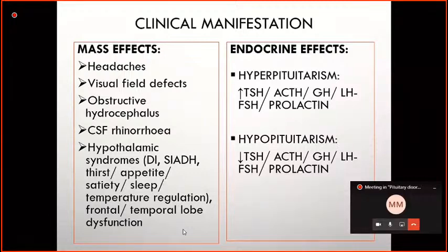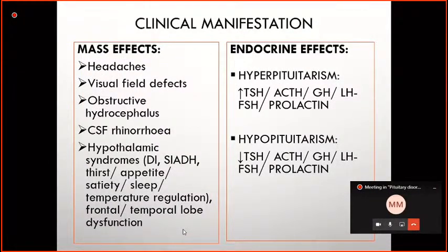What about visual field defects? How does that relate to your pituitary lesion? Compression of the optic chiasm. Where is your optic chiasm in relation to the pituitary? It sits superior to your pituitary gland.